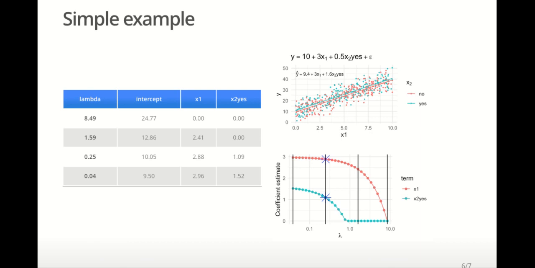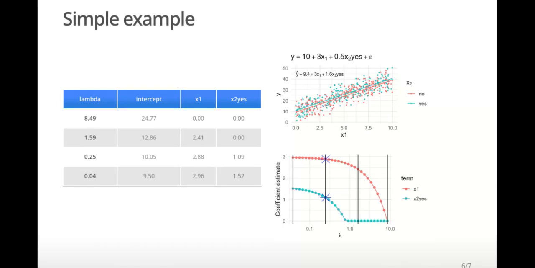Next, we use Lasso. The graph in the lower right illustrates the results of Lasso. Specifically, it shows the lambda value on the x-axis versus the estimated coefficients for the two variables on the y-axis. The detail for the lambda values indicated by the black vertical lines is shown in the table on the left.